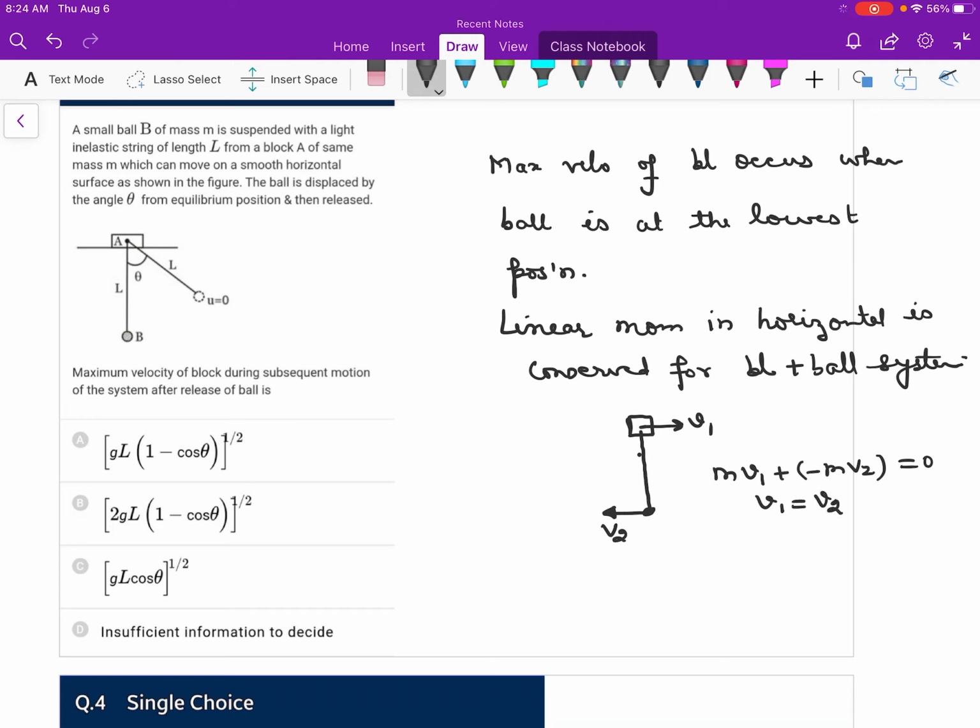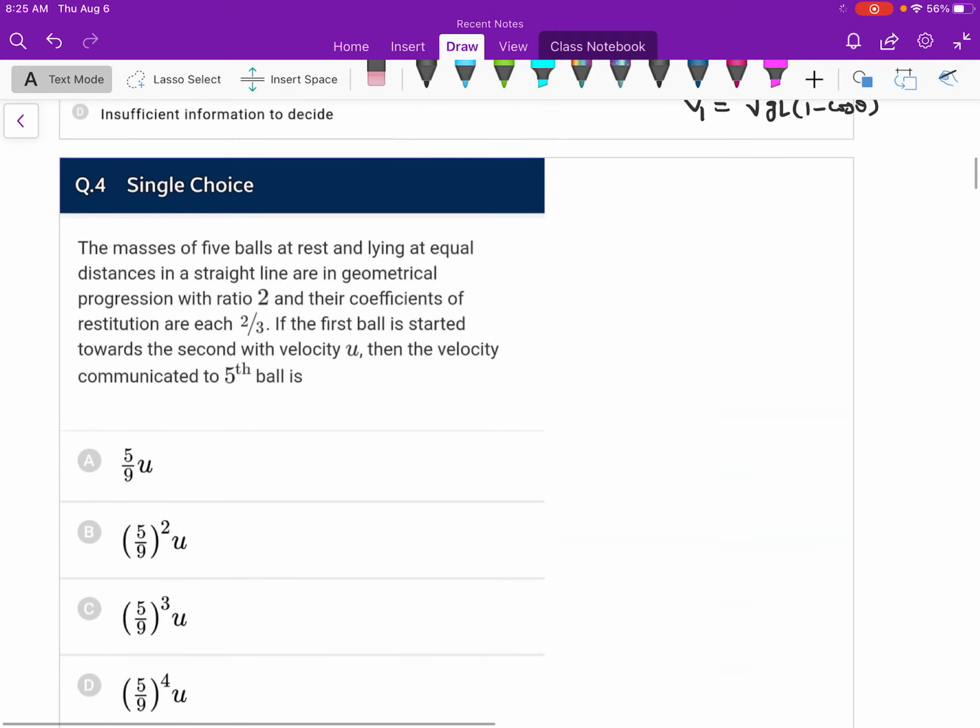From energy conservation, loss in gravitational energy, which is mgL(1 minus cos theta), is half m v1 square plus half m v2 square, but v1 and v2 are same, so twice of half m v1 square. So we get v1 equals under root of gL(1 minus cos theta). So A is the correct option.